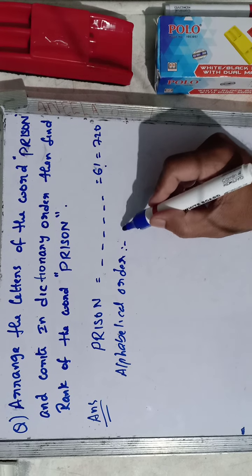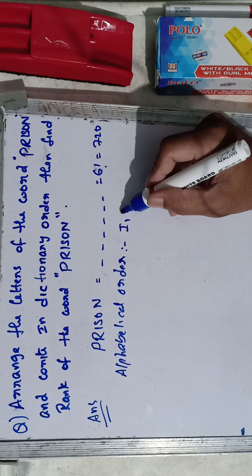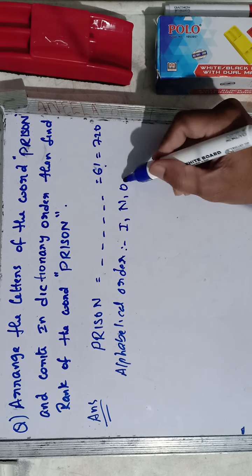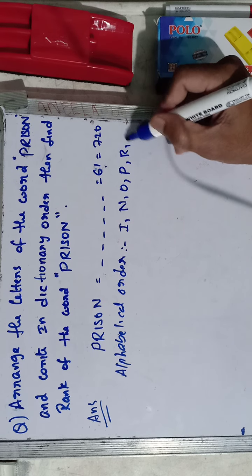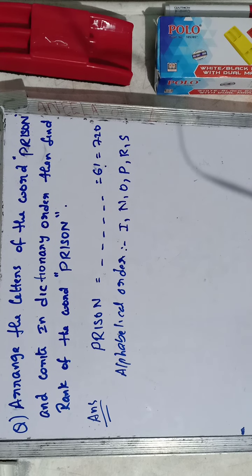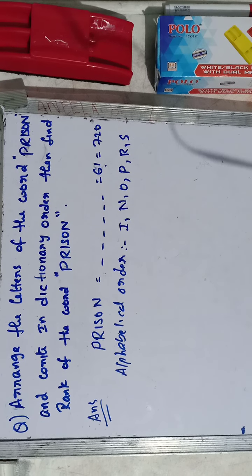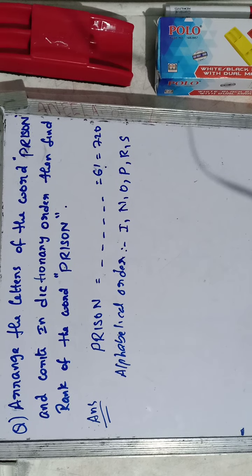For PRISON we get I, N, O, P, R, S. So we write the alphabetical order, and after that we take words made from these 6 letters.